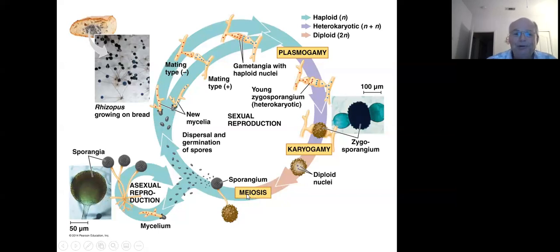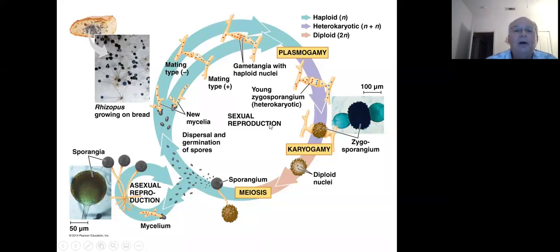The resulting haploid nuclei then get encapsulated into a cell structure that gets coated with an environmentally resistant coat. Those are then released as spores to germinate into the new mycelia, and you get equal numbers of plus and minus mating strain spores being released in the environment to maintain the continuity for sexual reproductive purposes, should that be required.